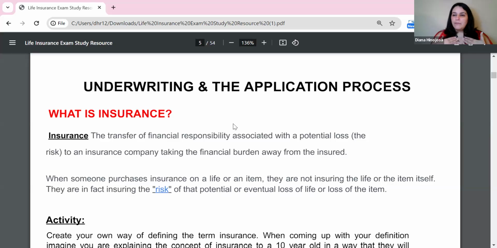I have taken that financial responsibility off of my hands, given it to the company, and that's all that insurance is. Let's talk about car insurance. If I'm in a car crash, I don't want to be responsible for the bill to fix my car or to fix somebody else's car, and God forbid that we're hurt. I don't want to be responsible for that hospital bill. So I'm transferring that responsibility of paying all of that to my insurance company.